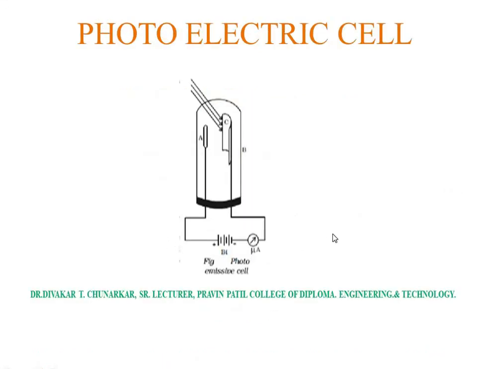Then the photoelectric cell. This is the diagram of the photoelectric cell. This is the anode A and this is the cathode C. The battery is connected to the circuit and a milliammeter is also connected. When light falls on the metal plate, electrons are emitted, and this phenomenon is used in the photoelectric cell.